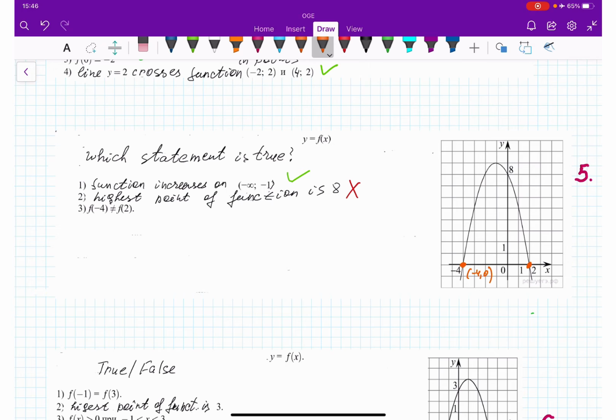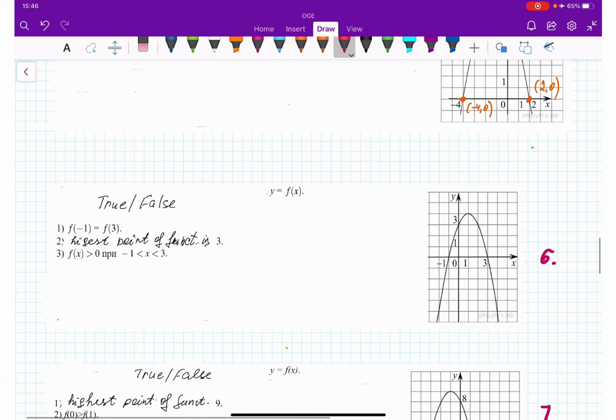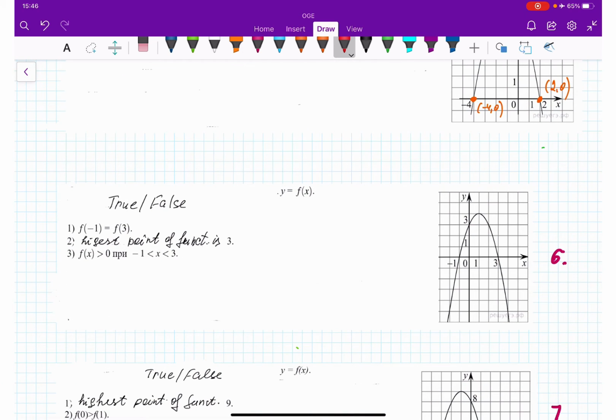What's the value of y at the point of 2? So again, 2 and 0. So y is the same, right? Which means they are equal, and we reject this statement. Moving to question number 6.